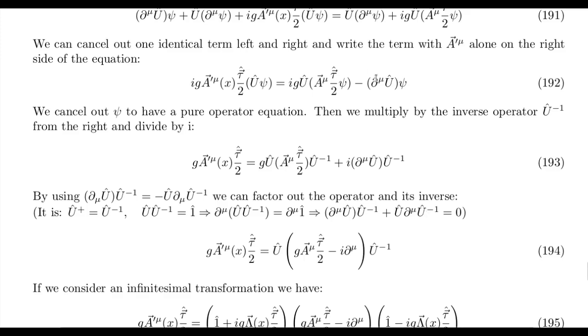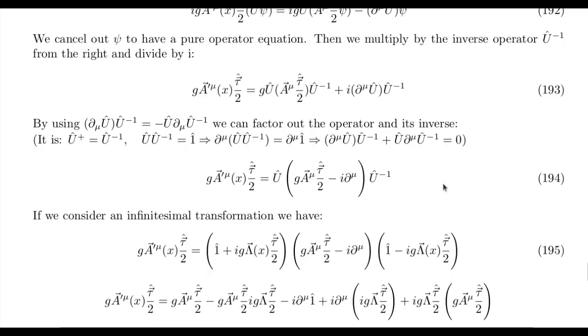And this is equal to this, but we have then another sign, because if we write the term on the other side, then it would have a minus. So we can then cancel out on the right side the unitary operator at the left side, and the inverse operator at the right side here.